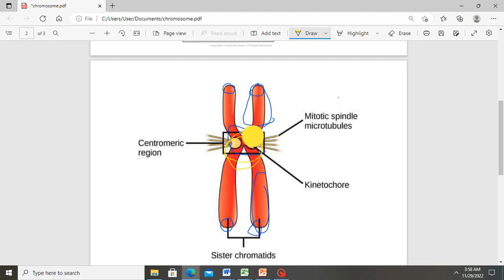The centromere is the point of constriction of the two sister chromatids. In the centromere, each chromatid is joined by a molecule we call the kinetochore. So the kinetochore is this whitish thing here, which joins the two sister chromatids together. So these are the parts of the chromosomes.